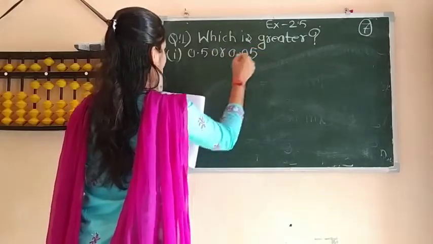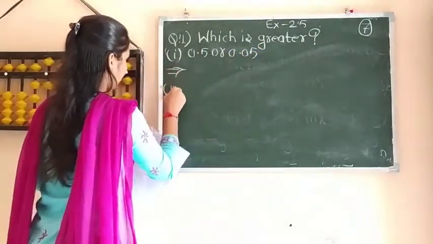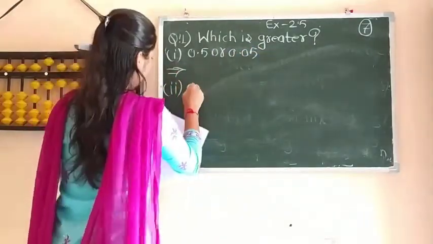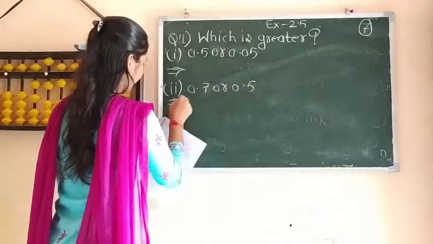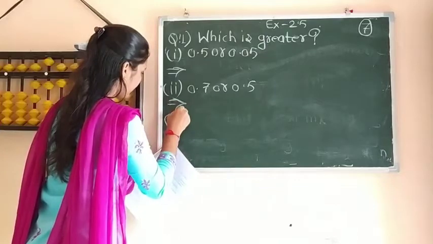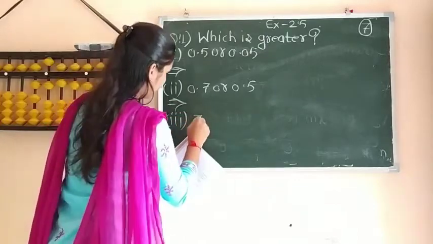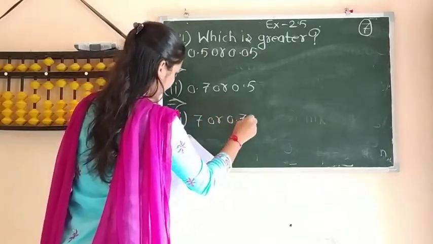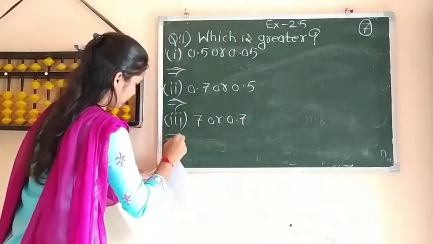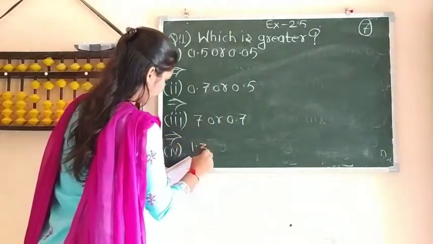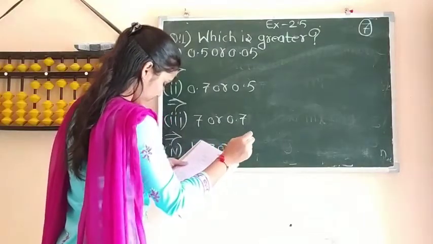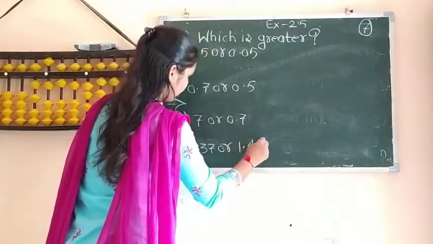First, 0.5 or 0.05. Second, 0.7 or 0.5. Third is 7 or 0.7. Fourth, 1.37 or 1.49.